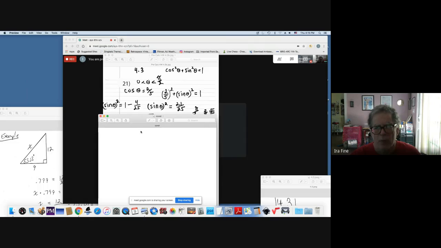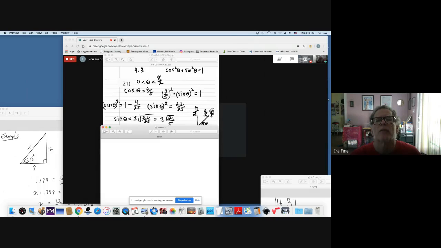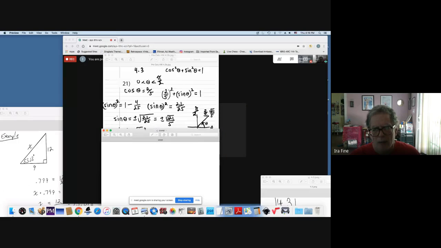And that means that if this is sine of theta squared, sine will equal plus or minus. Don't forget, when you have a problem and it's something squared equals a number, the number could be the positive or the negative. So sine of theta equals plus or minus the square root of 21/25. But now remember from algebra, the square root of a over b is the square root of a over the square root of b. The square root of 25 is 5.